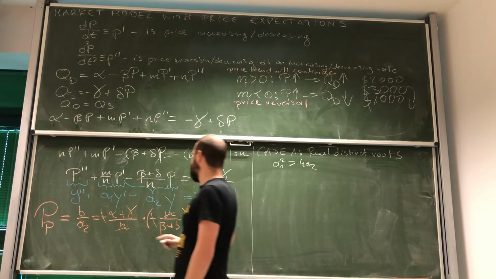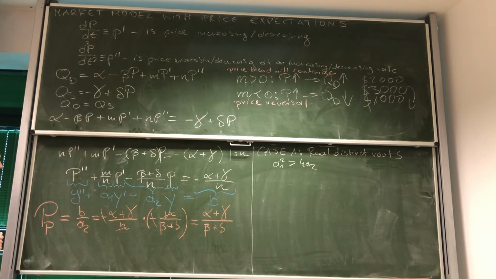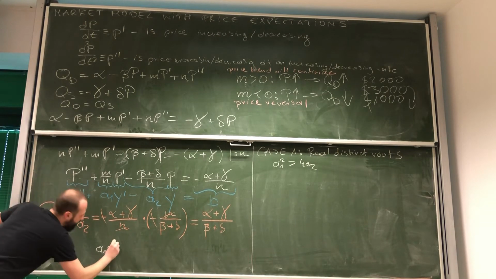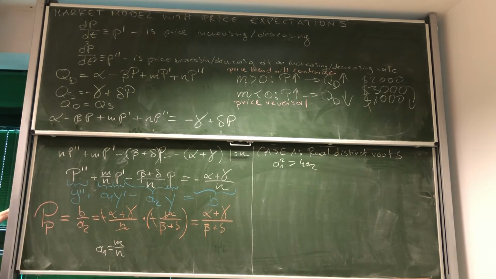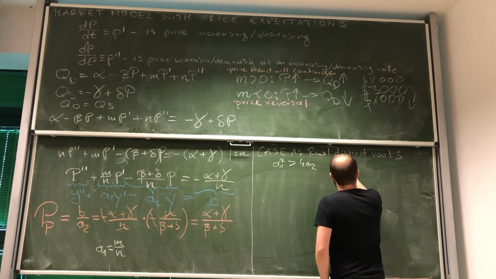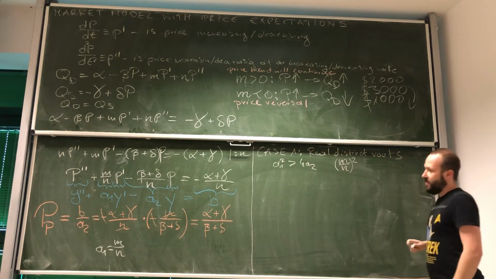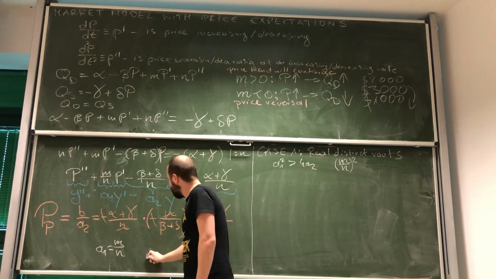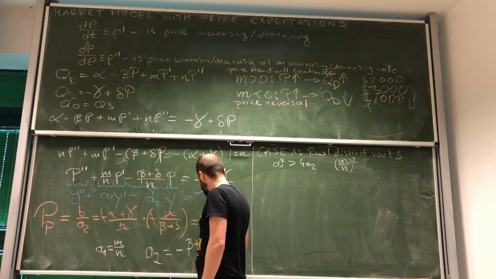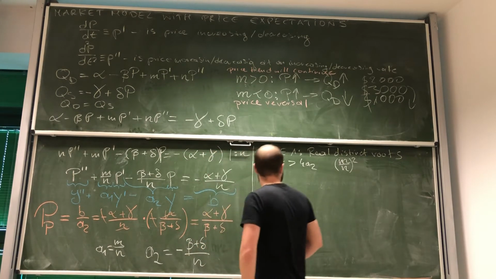In our case, a1 is m over n, so a1 square is just m over n squared. a2 in our case is negative beta plus delta over n.